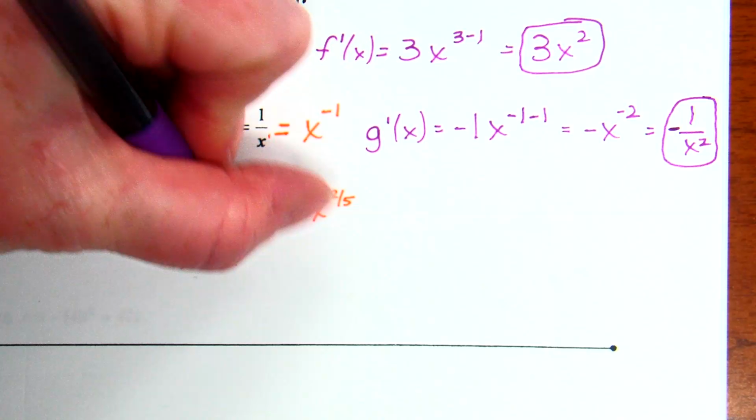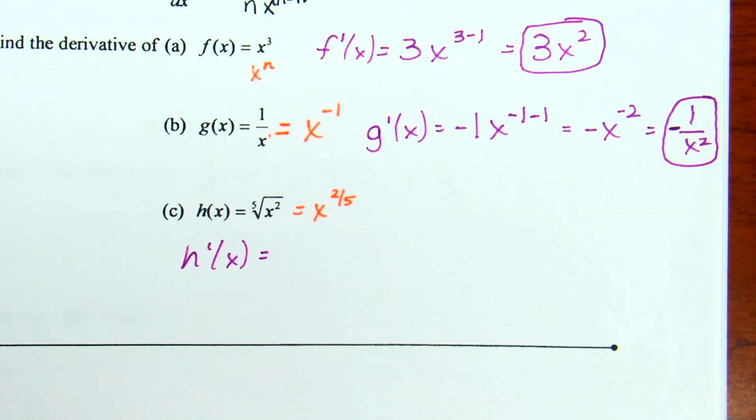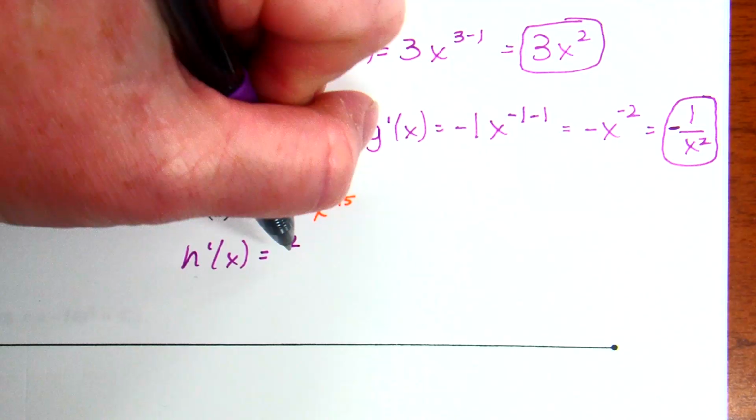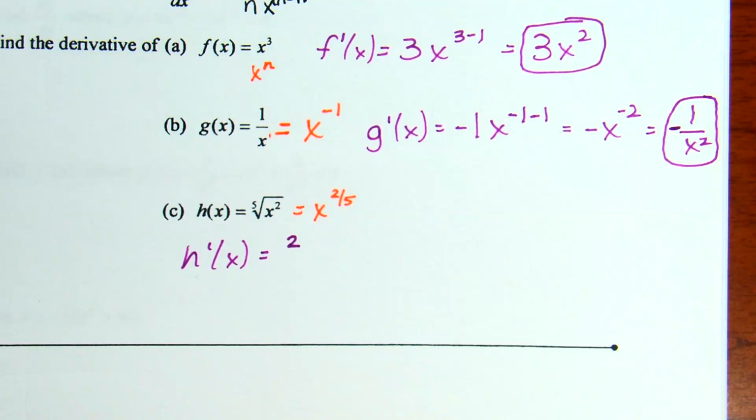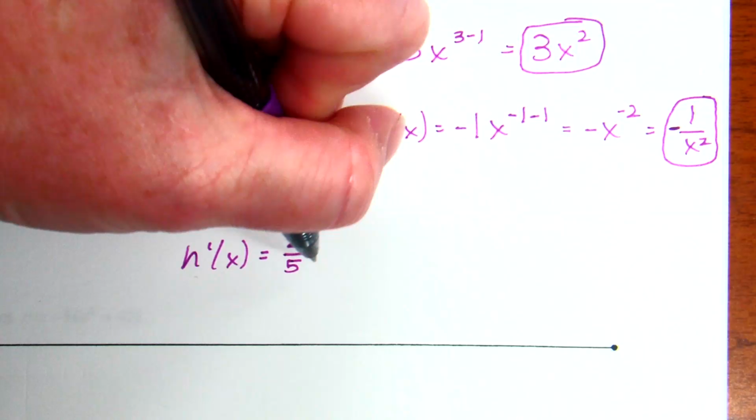So h prime of x. What are you doing first? Okay, 2/5 out in front.